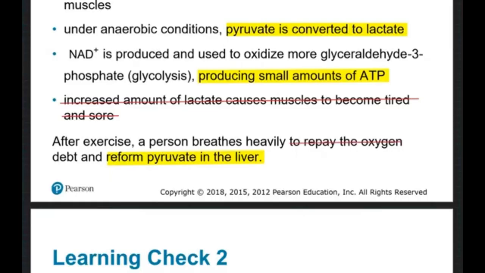Now, this is also wrong. You are breathing heavily after the exercise, but not because you need to repay the oxygen debt. I'm not going to get into the oxygen debt, but that statement is physiologically wrong.